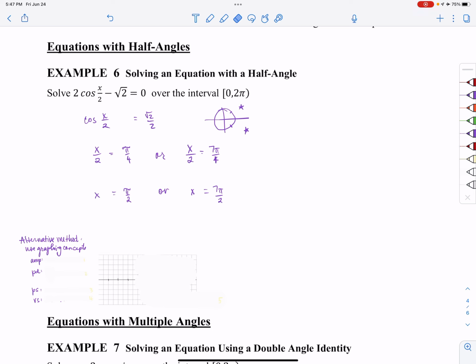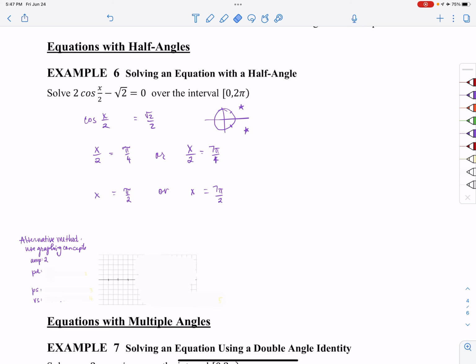I wanted to mention that there is an alternate way that you could have solved this one by thinking back to what you learned in graphing. So really quickly, again, this is the equation that we have. If you think about this as if you had to graph it, my amplitude here would be 2.